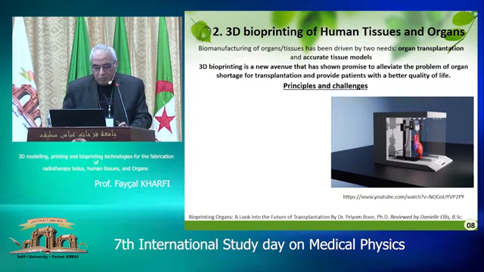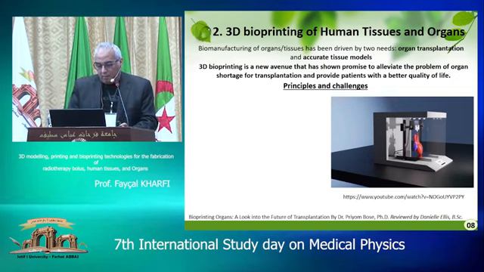So let's start by presenting you the main methods used in bioprinting. So here I'm asking you to watch with me this 6 minute video, or tutorial video, a very, very interesting one, and we come back to our presentation.